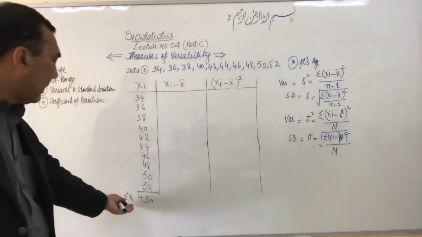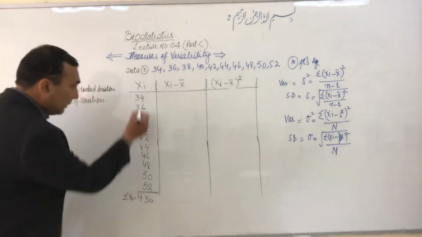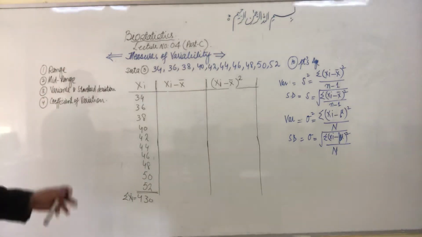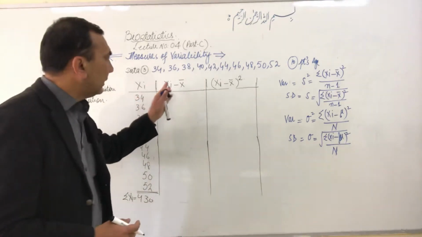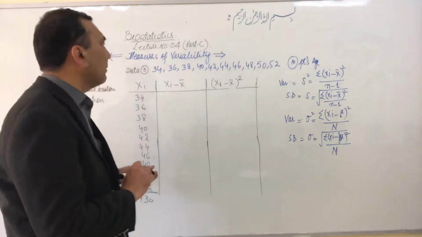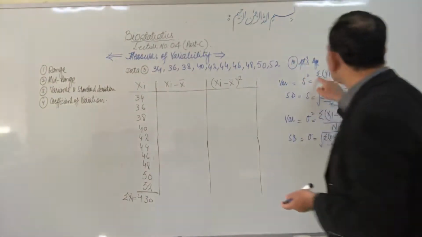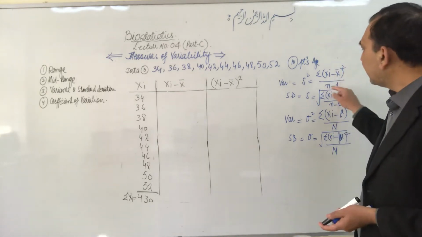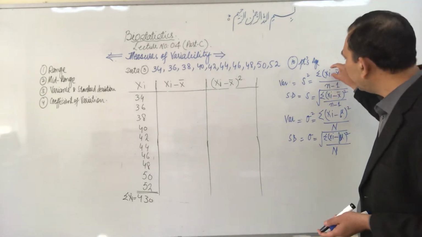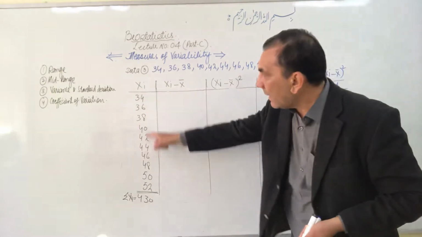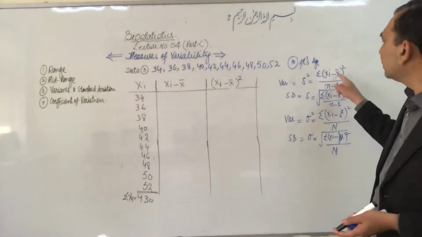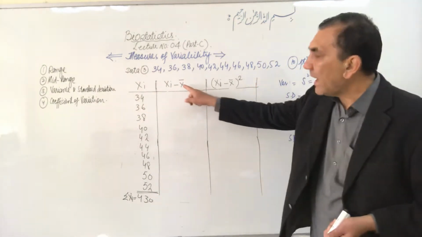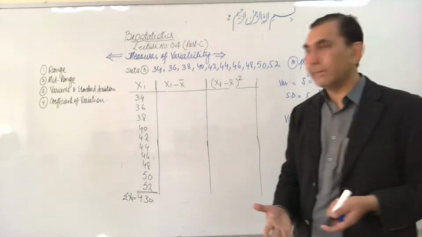Why do we sum up this data set? Because in the formula it is written, sum of (xi minus x bar) whole square divided by n minus 1. So from every xi we subtract the x bar, the sample mean.